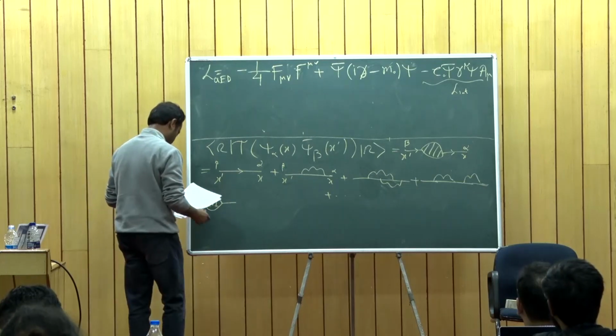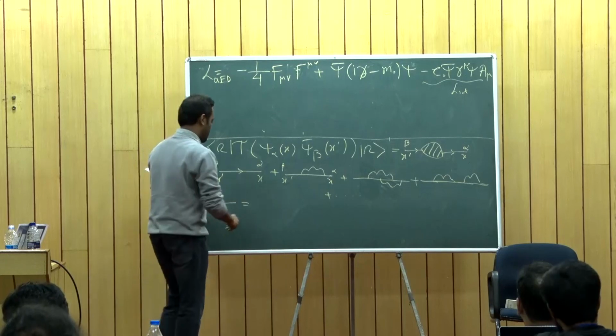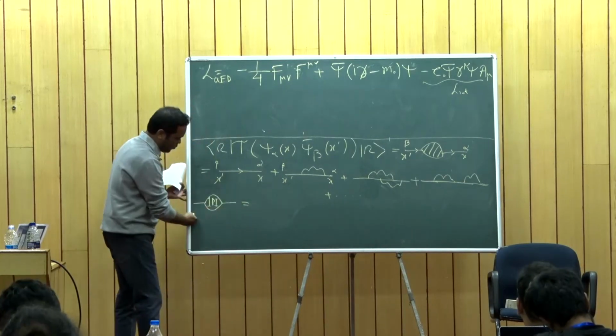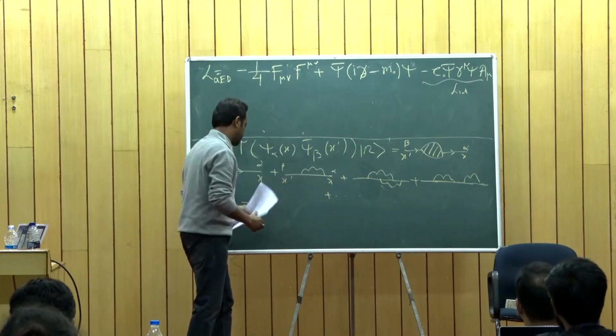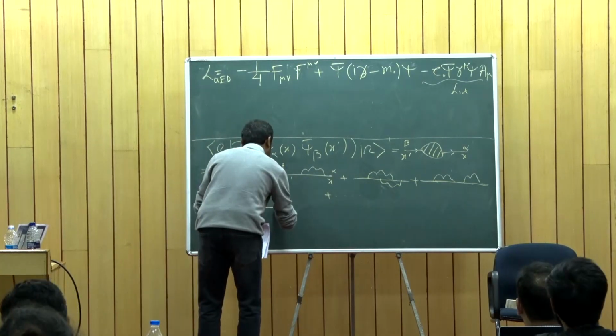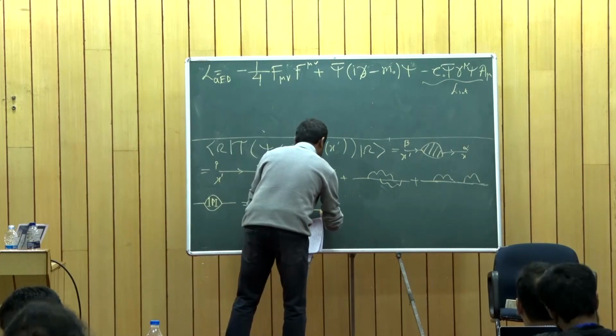I have also chosen an arrow convention to draw this diagram. This particular diagram will be the sum of all one particle irreducible diagrams, a collection of these diagrams. I'm not putting the indices.